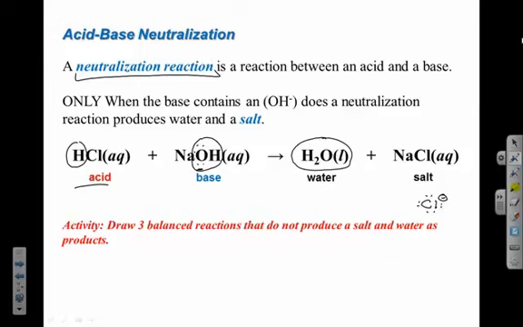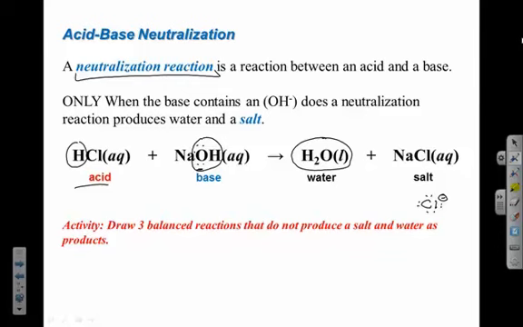Okay, so when the textbook tells you that an acid-base neutralization produces a salt and water, that is only true when the base is an OH minus. Because water is the only product you get from a situation where a base, it happens to be an OH minus, picks up an H plus, then you get water. If you have any other base in existence, you will not produce water from a neutralization reaction.